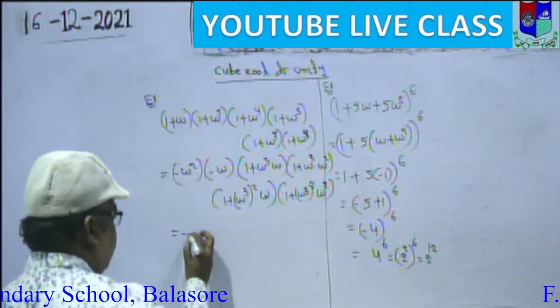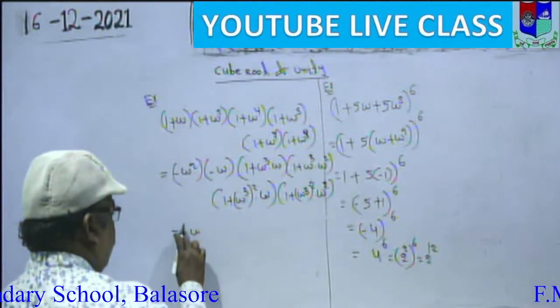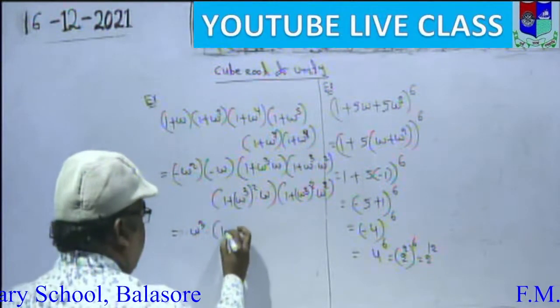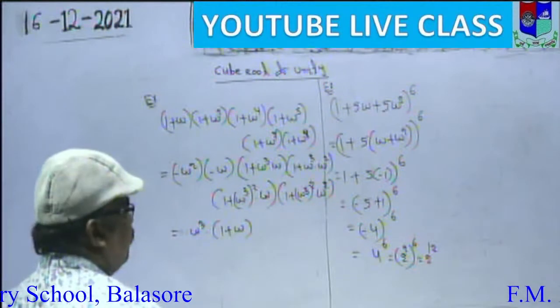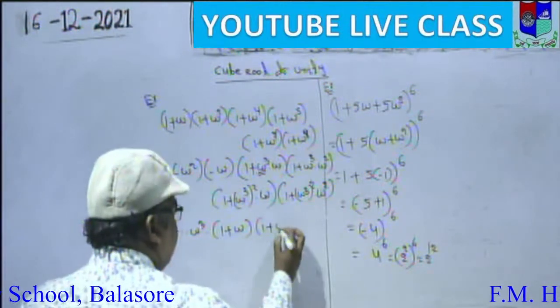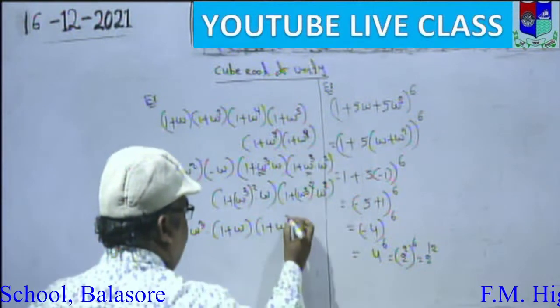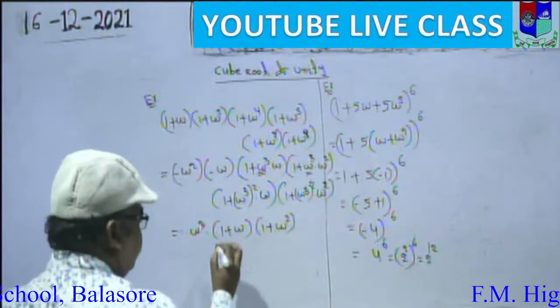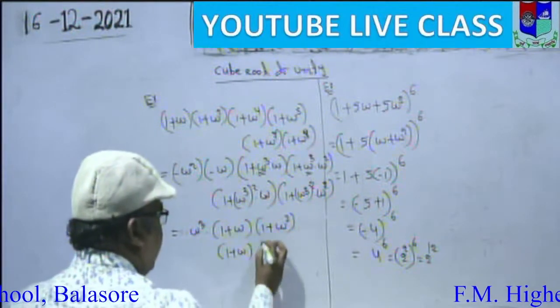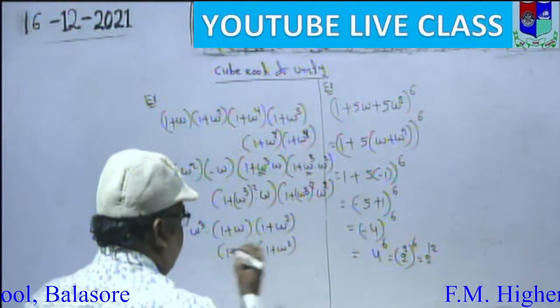So now it is omega cube, and within bracket it is 1 plus omega, because we know it is 1. Like this, it is 1 plus omega square. Again it is 1 plus omega, 1 plus omega square.